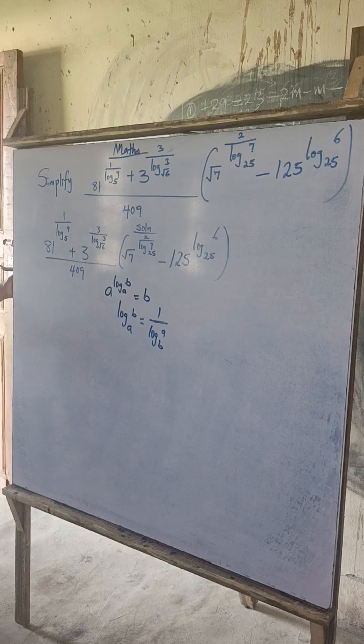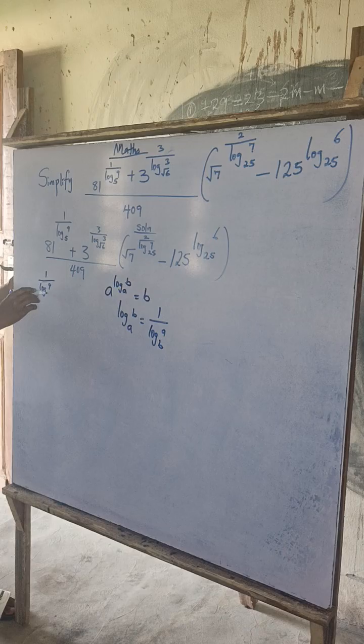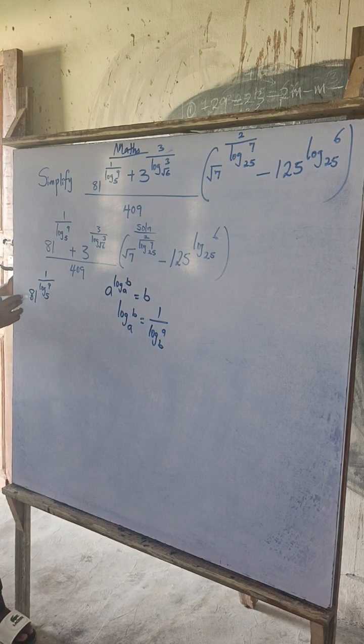So we are going to apply these two laws in simplifying this. Let's simplify this one first: 81 raised to power 1 over log 9 to base 5. We have 81 can be written as 9 raised to power 2.